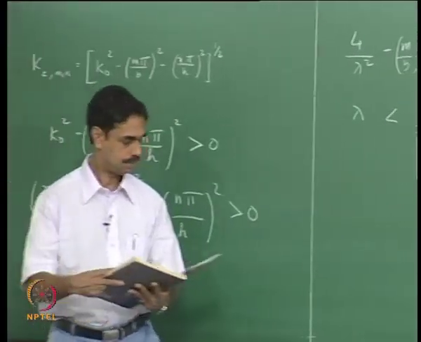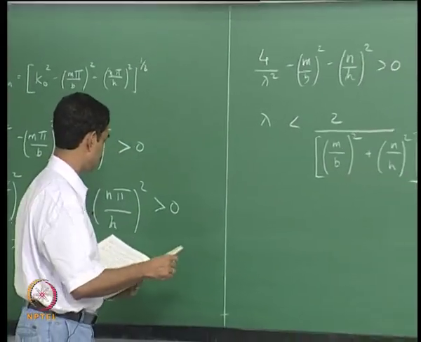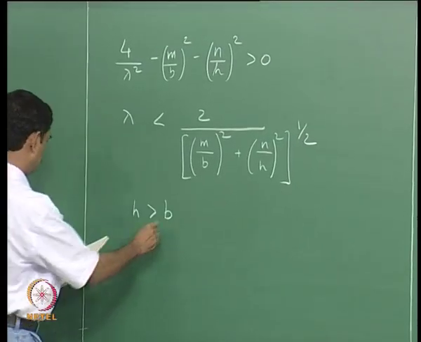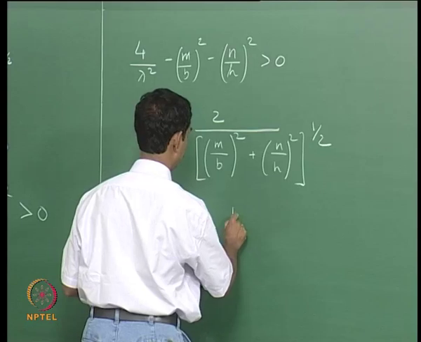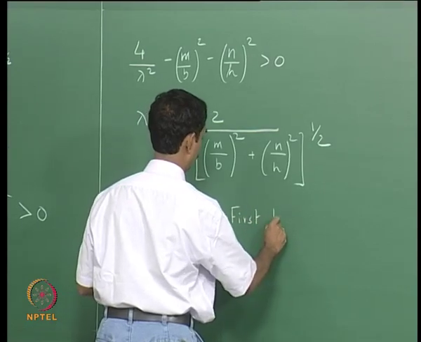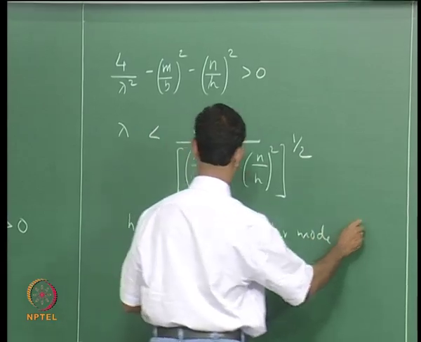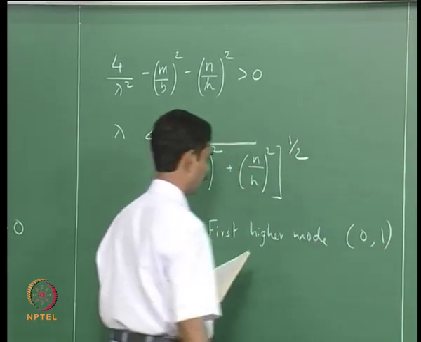Now if you think of h greater than b, the first higher mode will be 0,1.